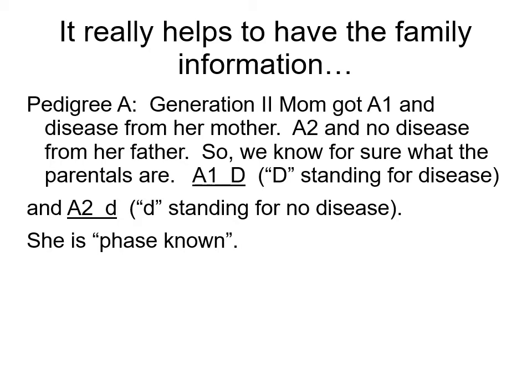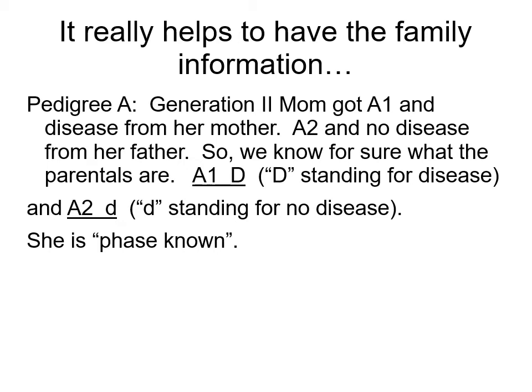Okay, so we can represent these in this sort of nomenclature where we write A1 and big D, standing for the disease, as linked, in this case, by showing the two letters underlined. So the underline represents the chromosome just as if it were a fruit fly cross or something.